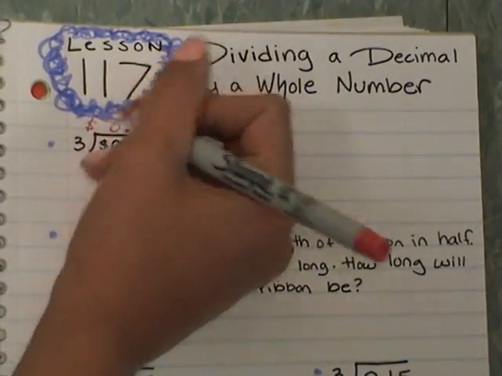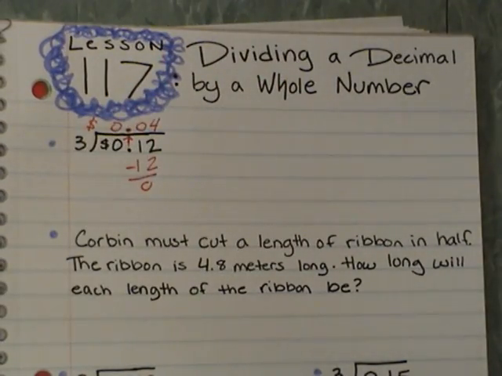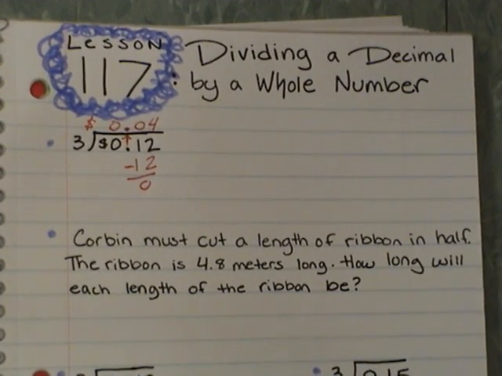And here is my answer. So my decimal point is already there. If I divide 12 cents by 3 people, each person would have 4 cents. So you can look at it in a money form. Sometimes that becomes easier for us to work with decimals.